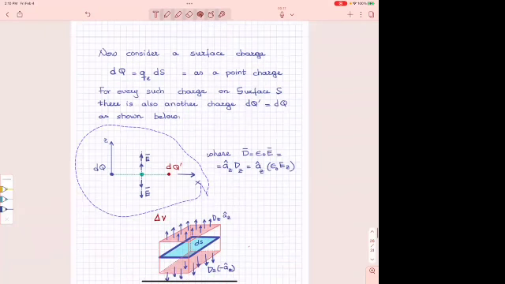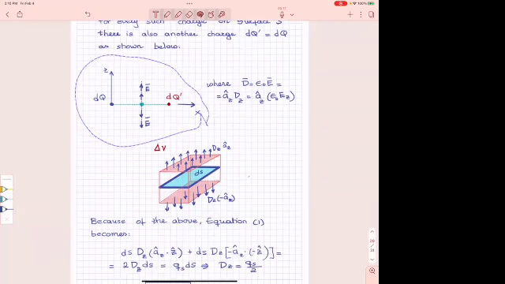So with that, what do I say then? Look at this. I say that now on this volume, which I call delta V, the only place that I see an electric field is, of course, everywhere, but only on these two surfaces is the electric field parallel to the surface vector.